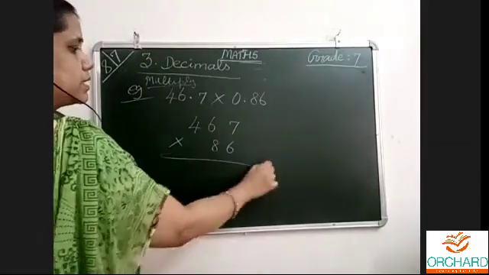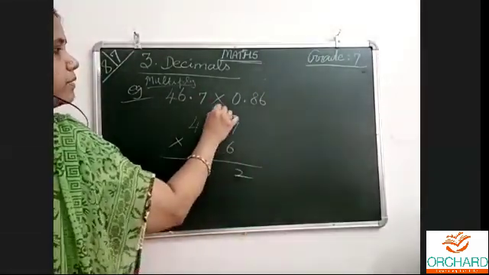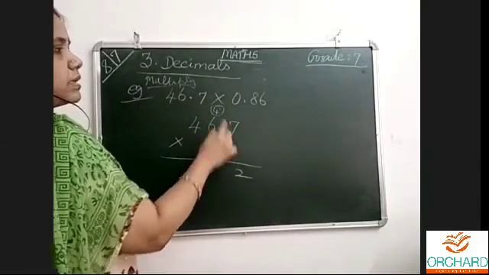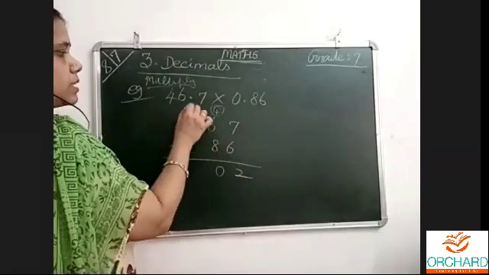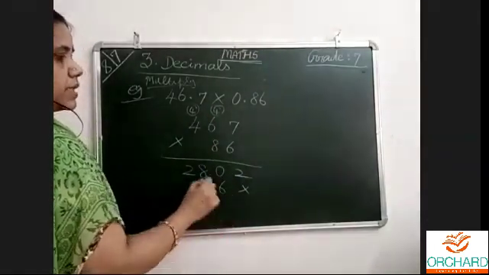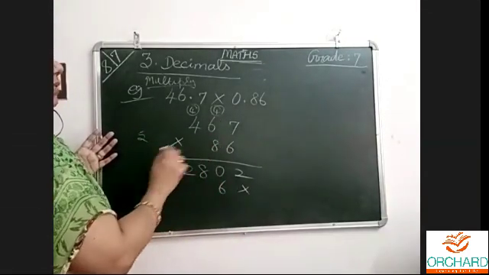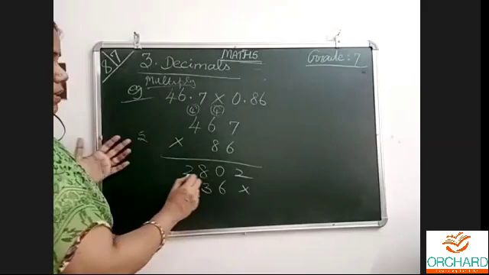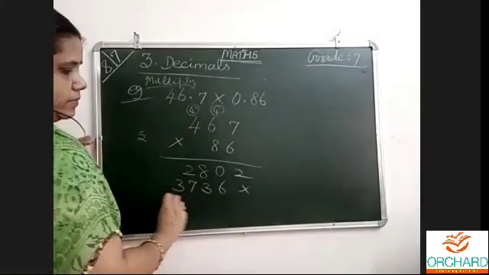Multiplication, the heading is like find the product, multiply, something like that. So now 7 sixes are 42, write 2, carried over 4. 6 sixes are 36, plus 4 is 40, carried over 4. 4 sixes are 24 plus 4, 28. 8 sevens are 56, carried over 5. 8 sixes are 48, plus 5, 53. 8 fours are 32, plus 5, 37.